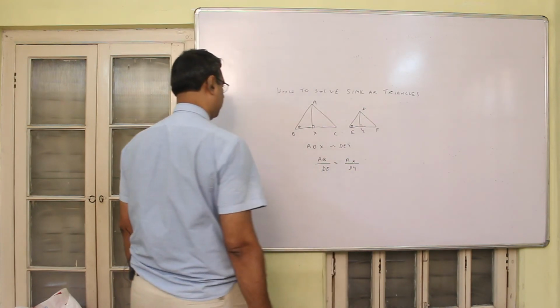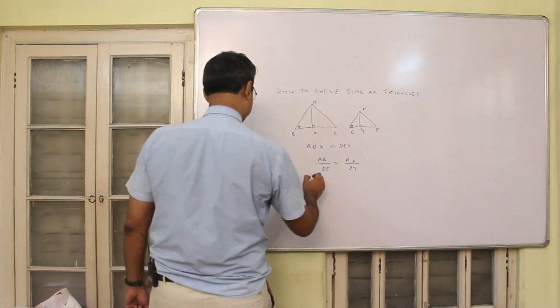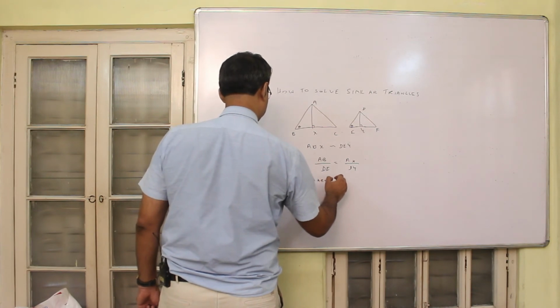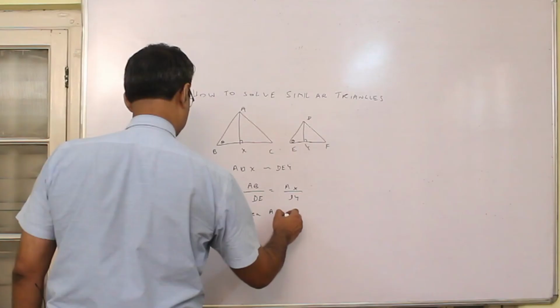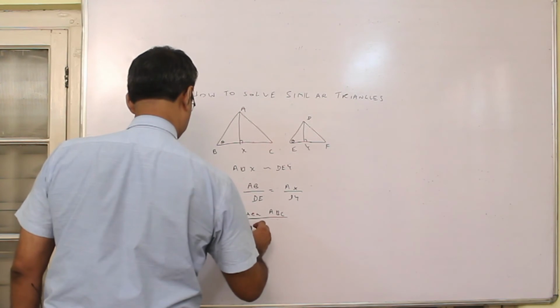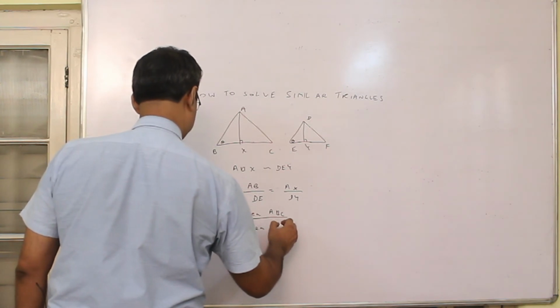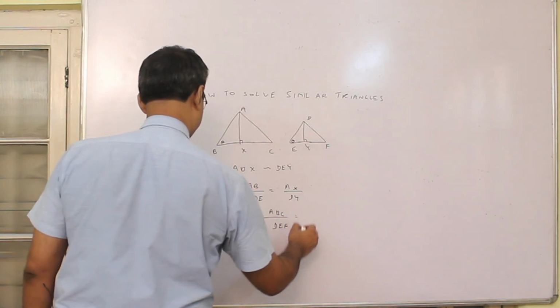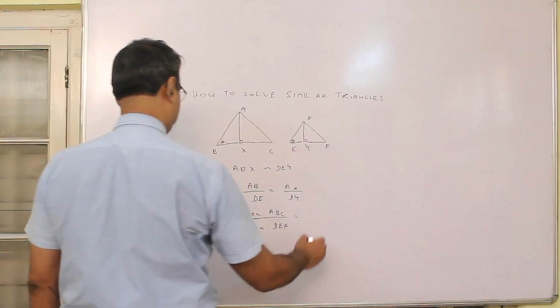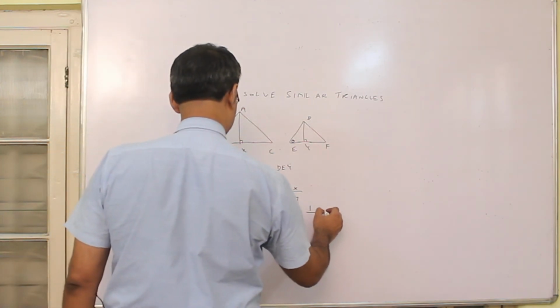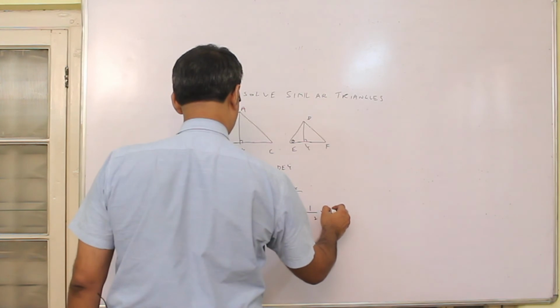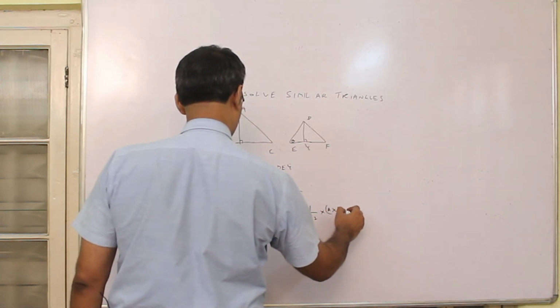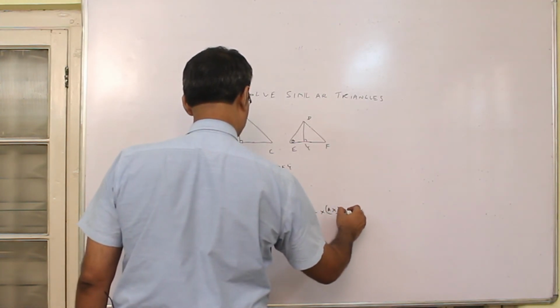is equal to AX by DY. Now let's say we want to find out the ratio of area of ABC to the area of DEF. Area of ABC to area of DEF. So you know that the formula is half base into height.